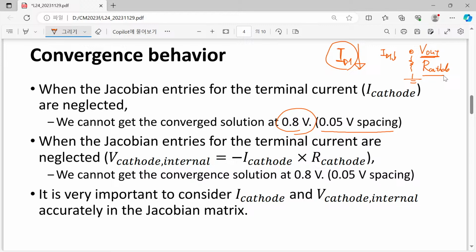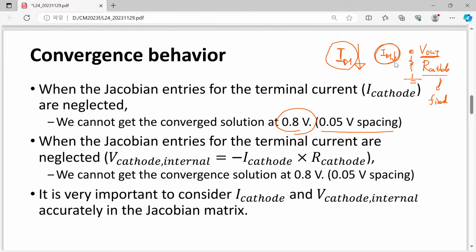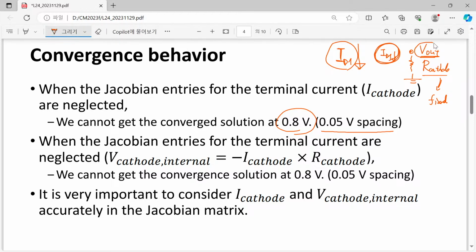Of course, this cathode resistance is a fixed number, it does not change. However, if we change the bias voltage, then we can easily increase this diode current and our output voltage will be affected by changes of our internal quantities. However, if we neglect this kind of interaction, then we cannot get a converged solution.